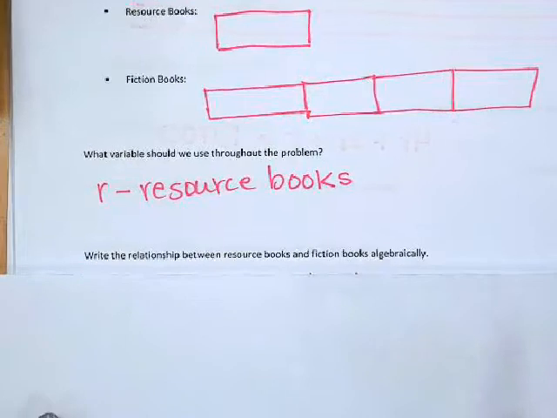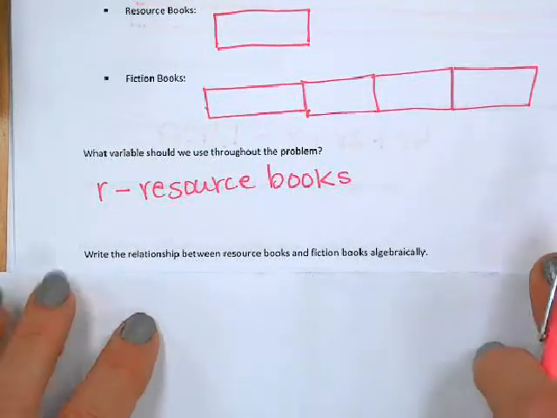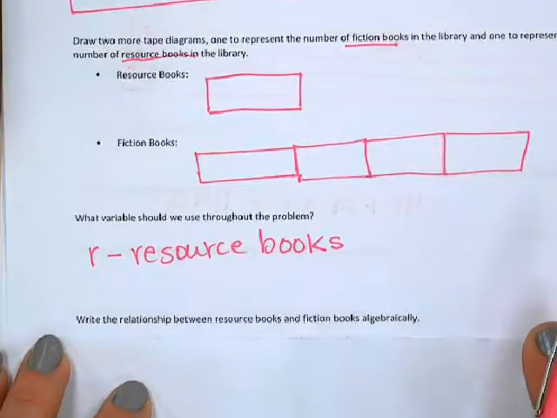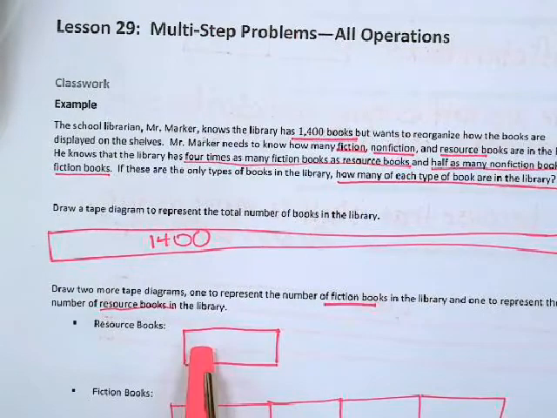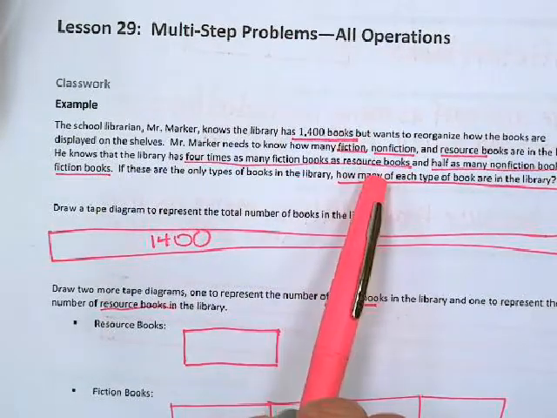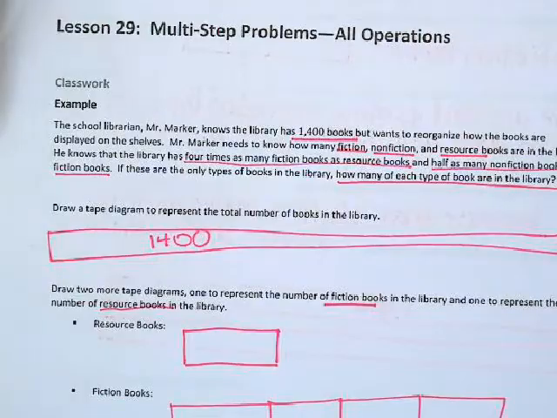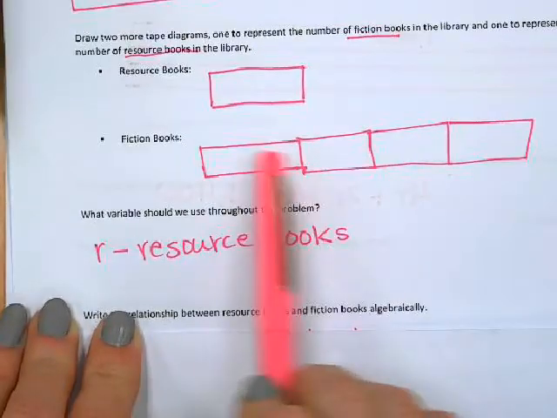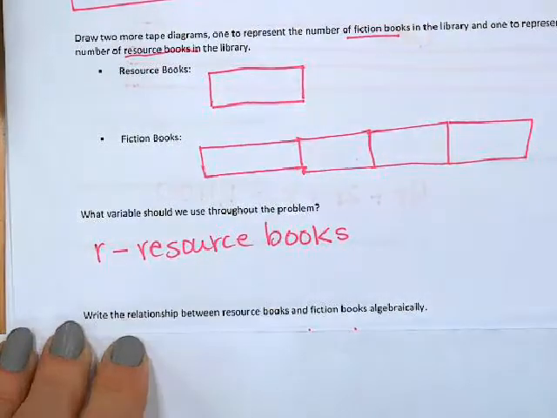So then we're going to come down here and it says, what is the relationship between resource books and fiction books algebraically? So again, if we look back up at our problem, it says that we know resource books was 1 part of the tape diagram. We have 4 times as many fiction books as resource books, and then half as many nonfiction books as fiction books. So that would be half as many. So this is 4, and I know half of 4 is what?